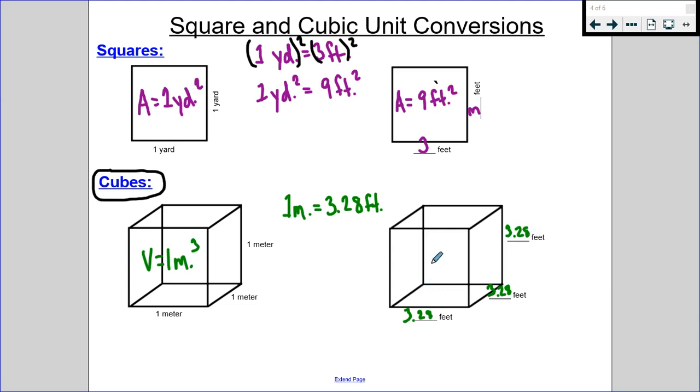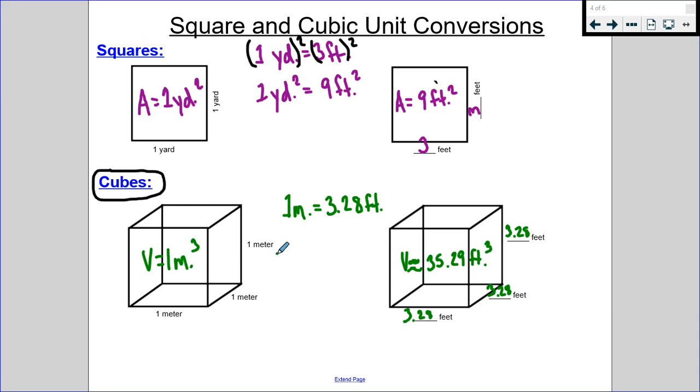So if we do that multiplication, times itself 3 times for the 3 dimensions, this volume would be approximately, let's make it to our hundredths place, 35 29/100 feet cubed.